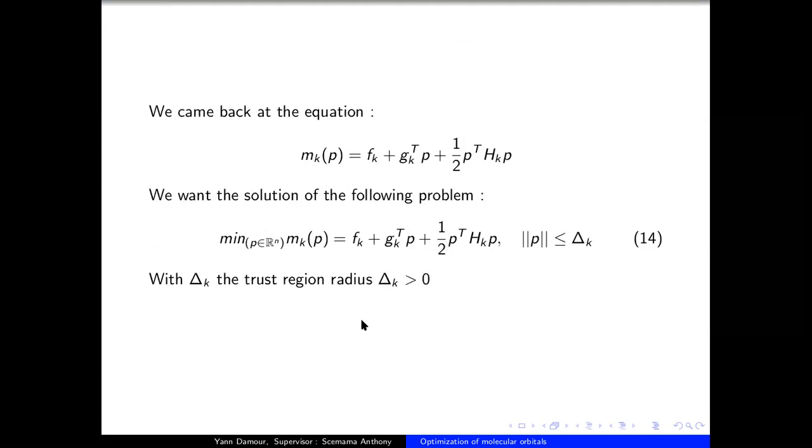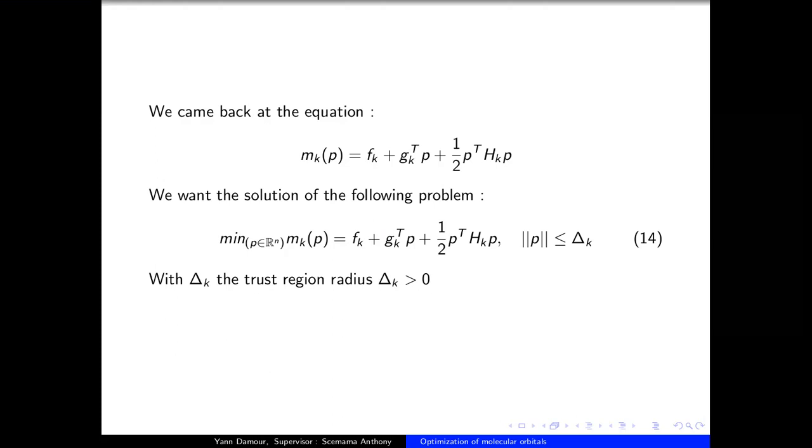So we come back to the equation. We model the function around a point by this Taylor development. So it's the function at point k plus the transpose of the gradient multiplied by a vector plus 1/2 the transpose of a vector multiplied by the Hessian and multiplied by the vector.